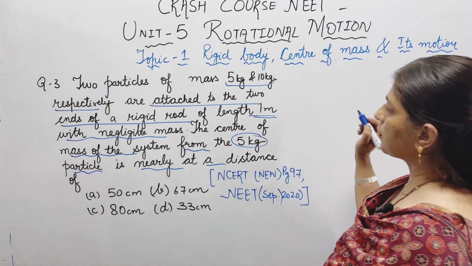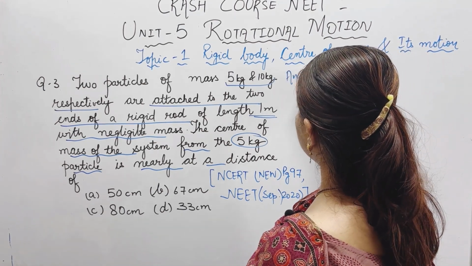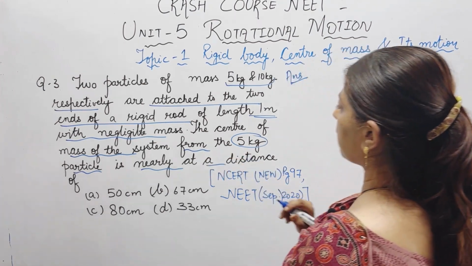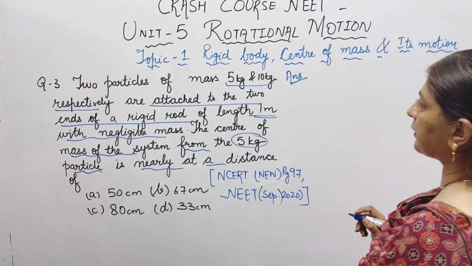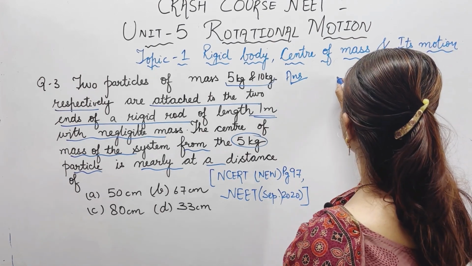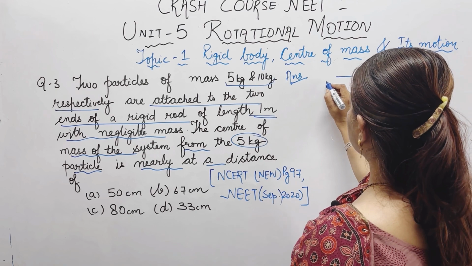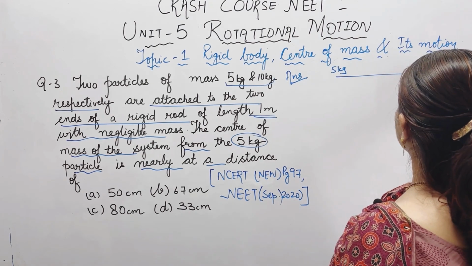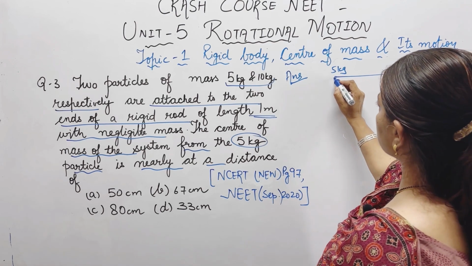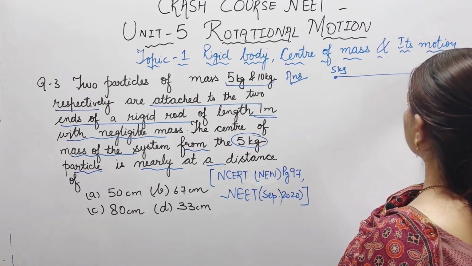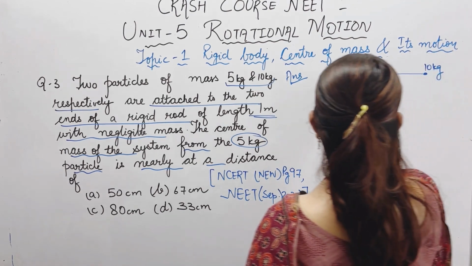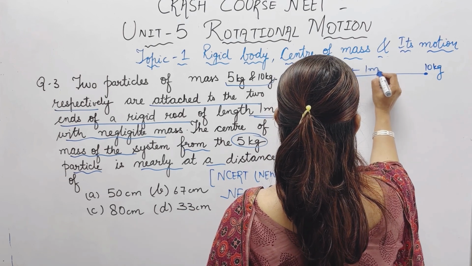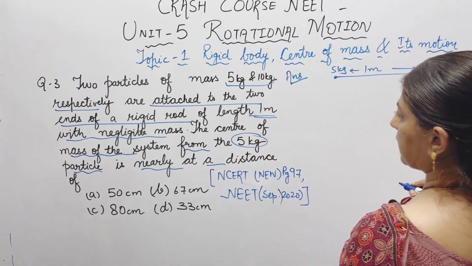So let us draw the figure for it to find out the center of mass from the 5 kg particle. So these are the two masses, 5 kg and 10 kg. These are attached to the two ends of a rigid rod of length 1 meter with negligible mass.